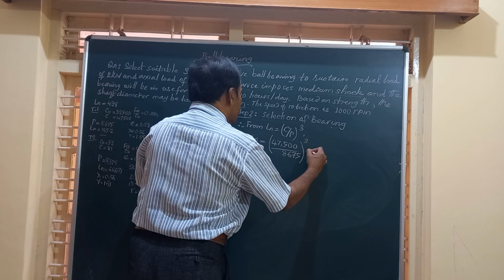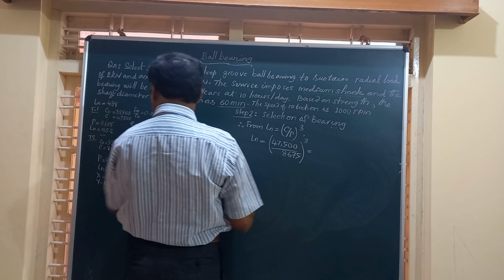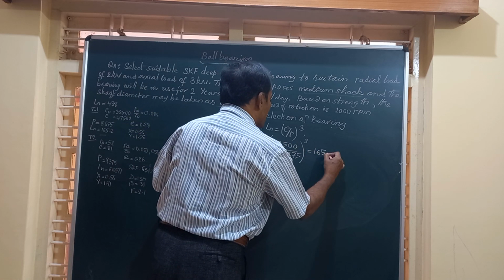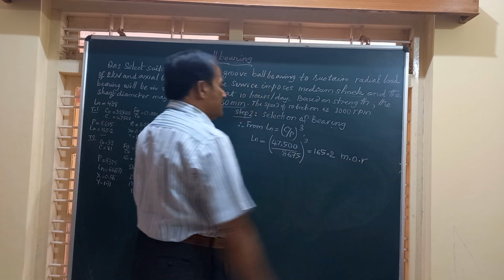Friends, if you calculate, this works out to 165.2, the units are millions of revolution.